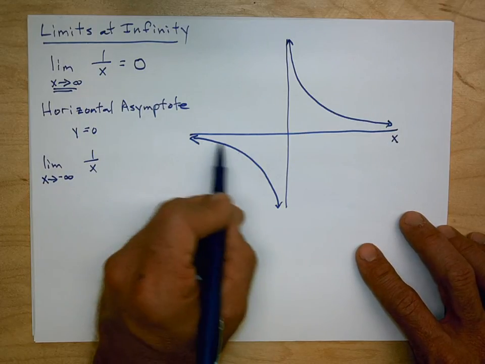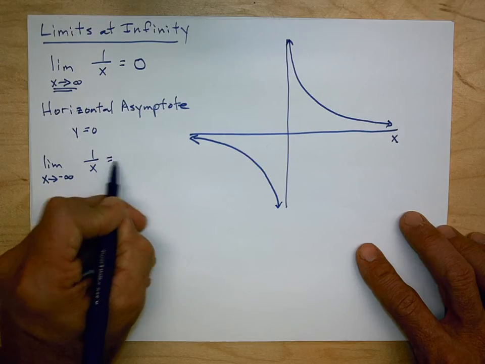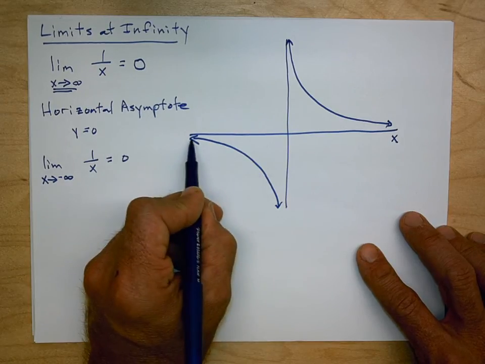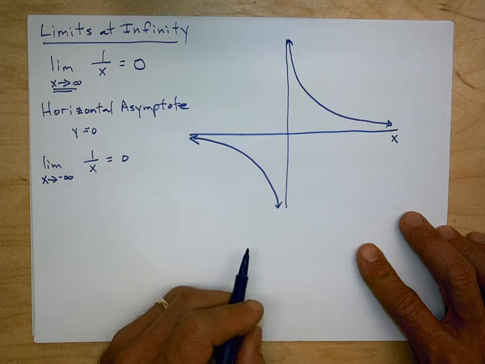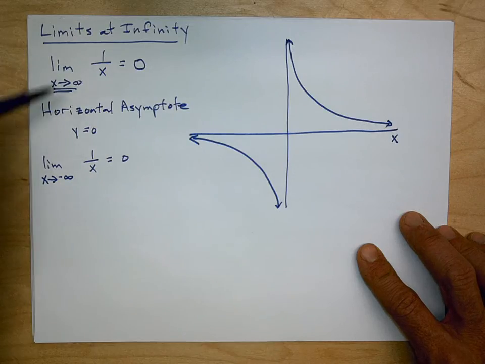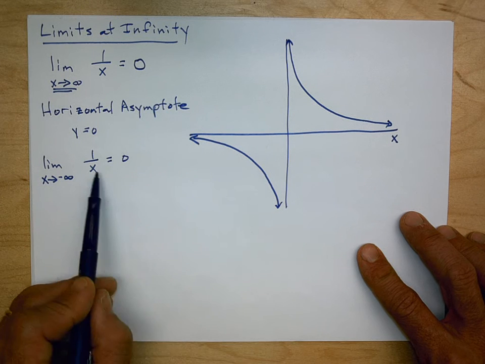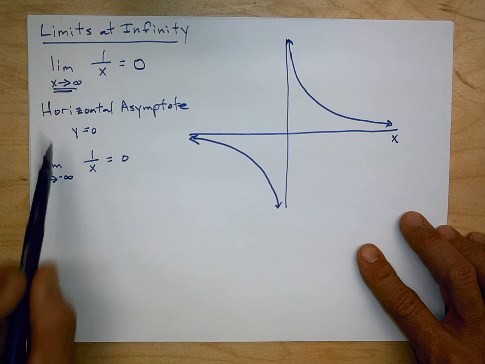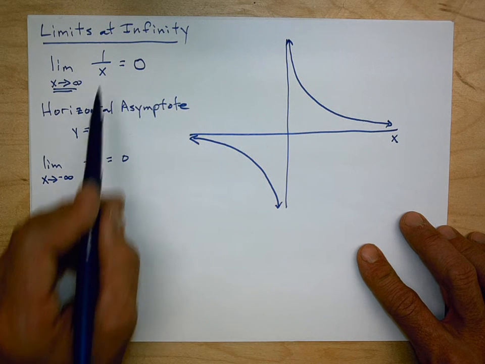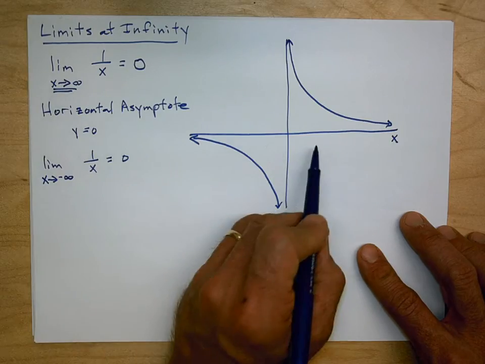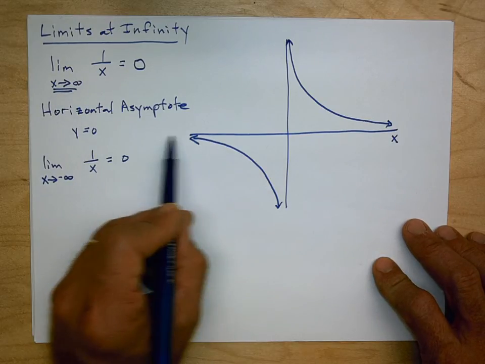So we can see that the same type of behavior is going to happen going to the left: this will get closer and closer to 0 but never actually reach 0. So we have to remember what a limit means. It doesn't mean that this function can equal 0 to the right or to the left, just that we can make the function as close to 0 as we want by picking x values sufficiently large in this case, or sufficiently small in this case.